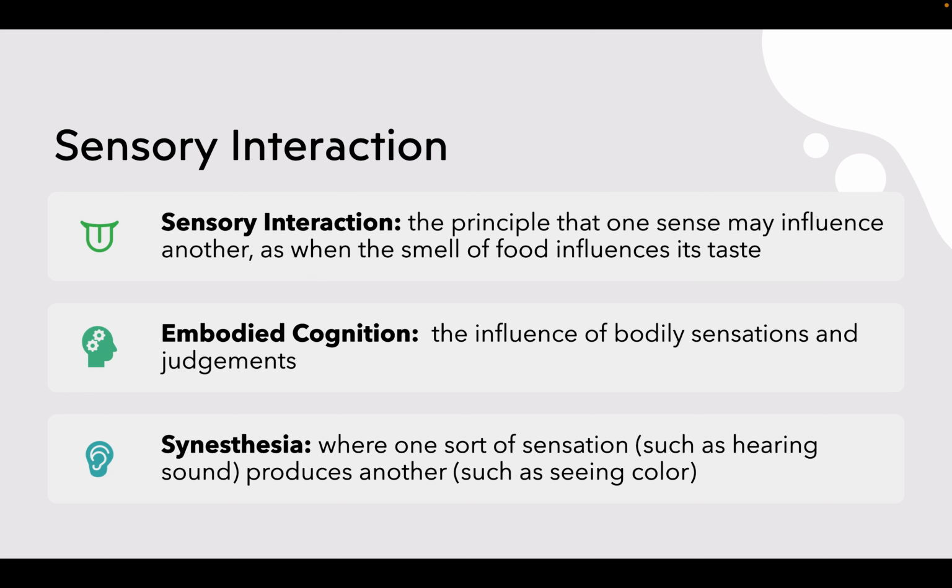There are also people who, depending on the tone or the pitch of something, will see color. There are people who will taste something when they hear sound, which I think would be kind of awful, especially if there was one that had a particularly bad taste. But that is just one way that this happens.